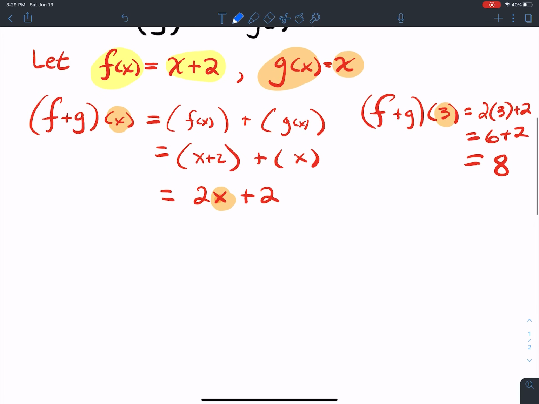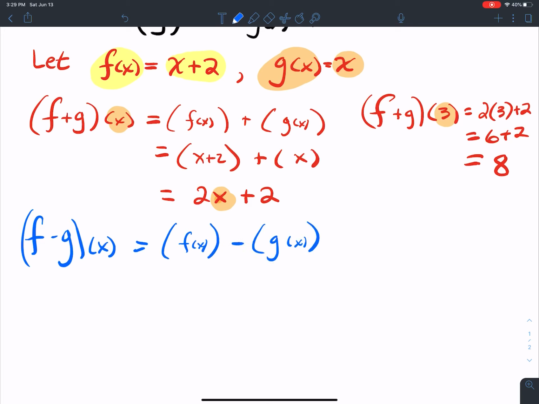Let's take the same two functions and do f minus g of x. This is f of x minus parentheses g of x. So this is equal to x plus 2 minus x, which is equal to just 2.